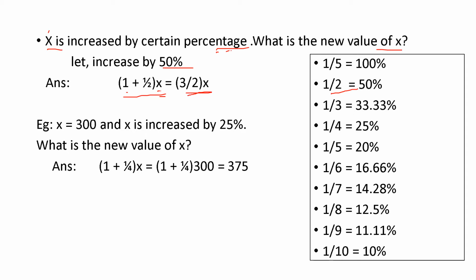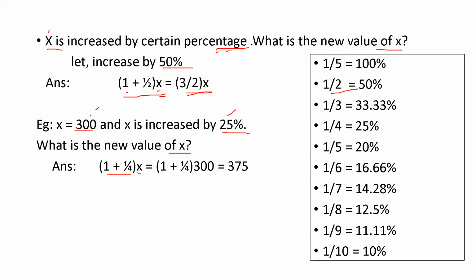Let's see the question. X is equal to 300 and it is increased by 25%. So what is the new value of X? Okay. So you can take 1 plus 1 by 4 X. This is the value of X being increased by 25%.